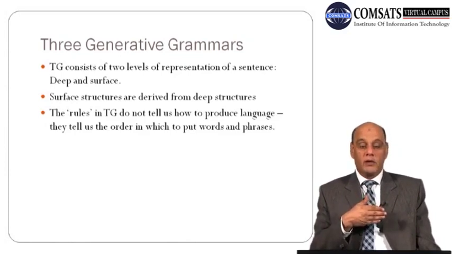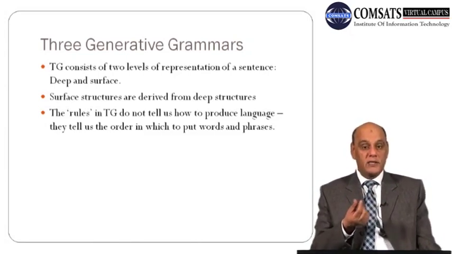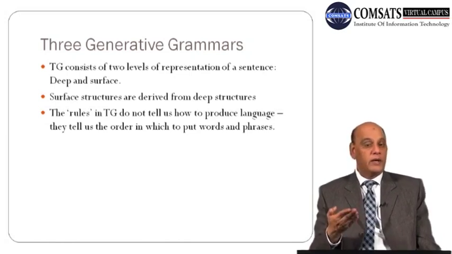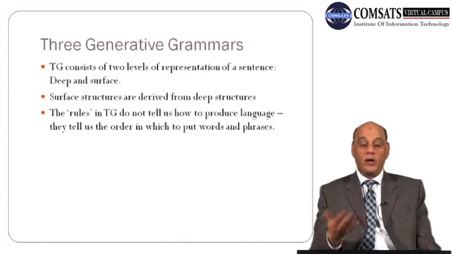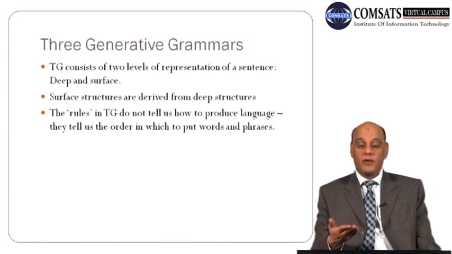The rules in TG do not tell us how to produce language, but they tell us the order in which to put words and phrases. So what are these rules? What is their role? They don't tell us the rules of how to produce language. TG tells about the order in which to put the words and phrases.